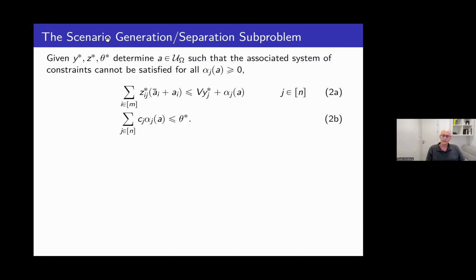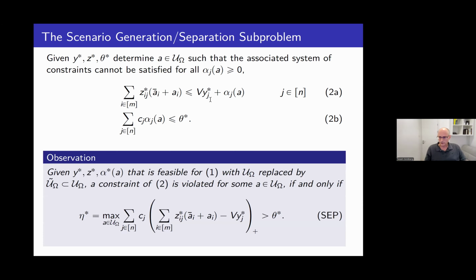So given some solution to the master problem, y star, z star, theta star, we want to determine a scenario for which these constraints are violated, right? And we can show that this amounts to solving this subproblem.